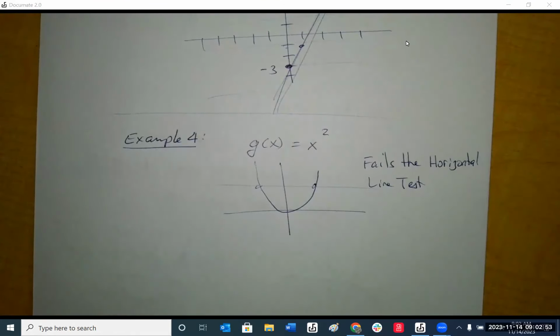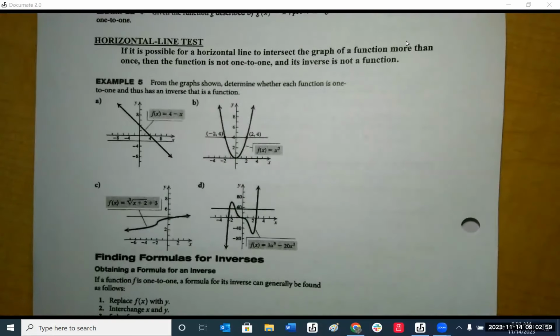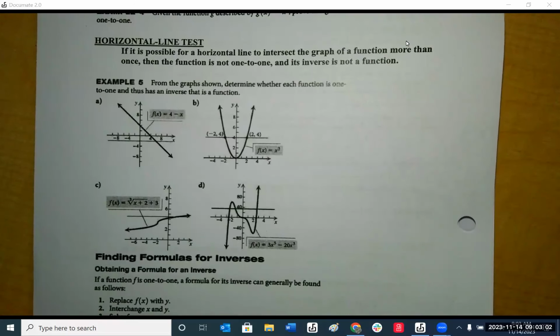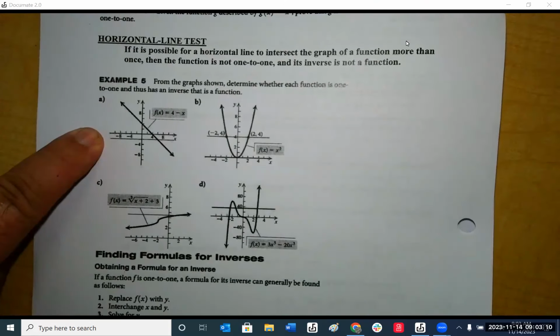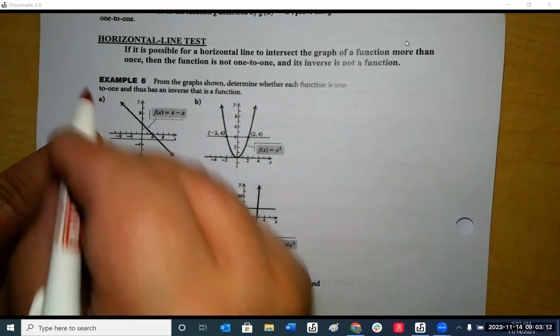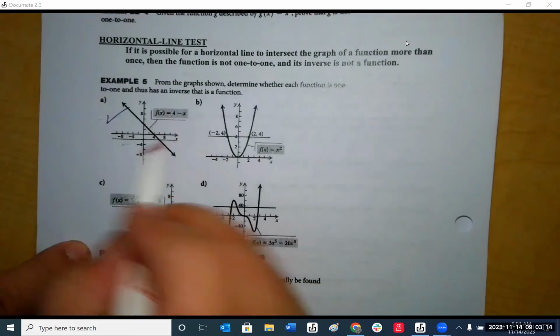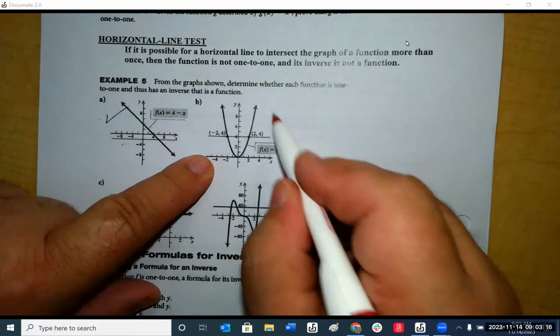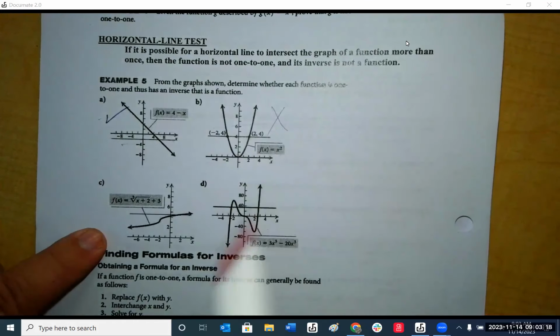All right, for example 5, we have 4 graphs. Which one of these 4 are 1-to-1? Which ones are not 1-to-1? Is A 1-to-1? Yes, because it passes the horizontal line test. B? No, it fails. C?